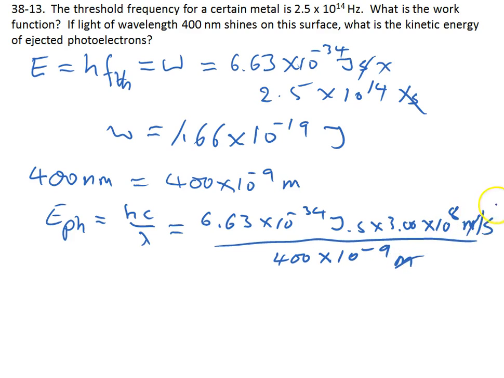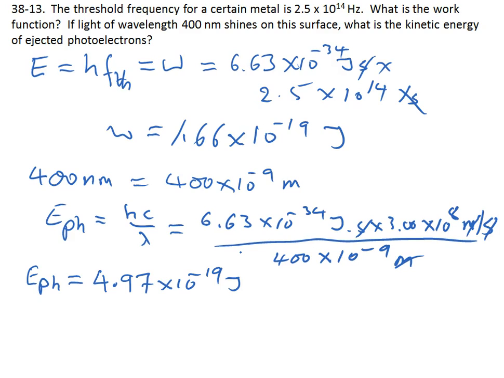Meters will cancel with meters, seconds with 1 over seconds, leaving us an answer in joules. And the answer is that the photon energy is equal to 4.97 times 10 to the minus 19 joules.